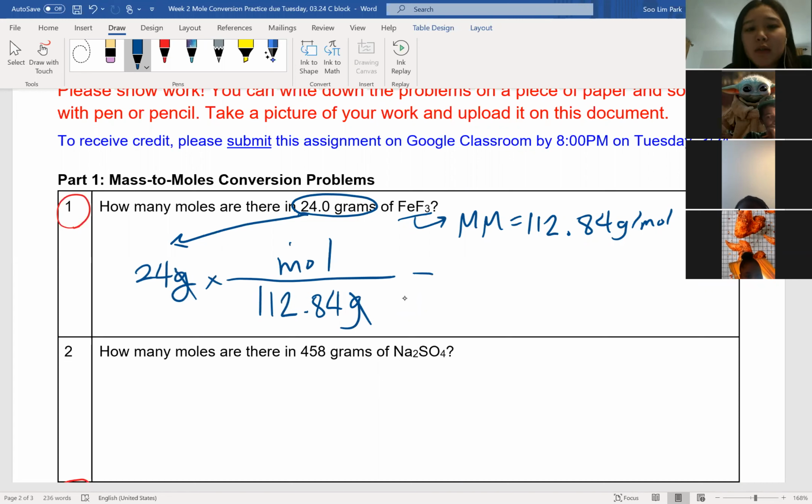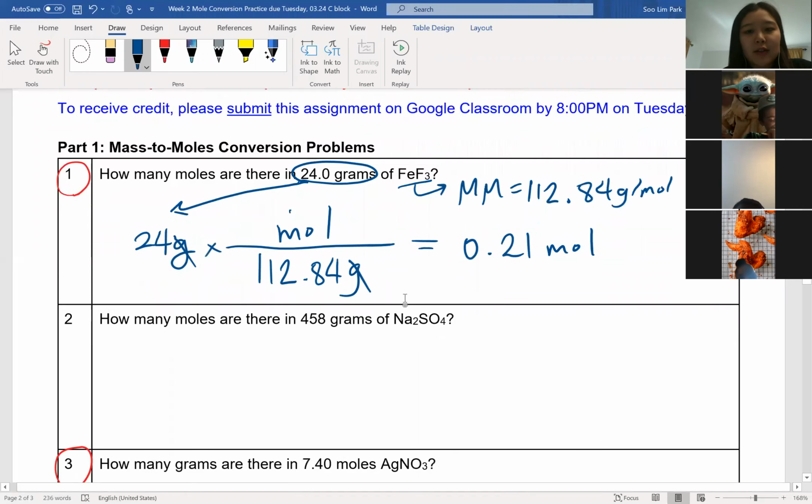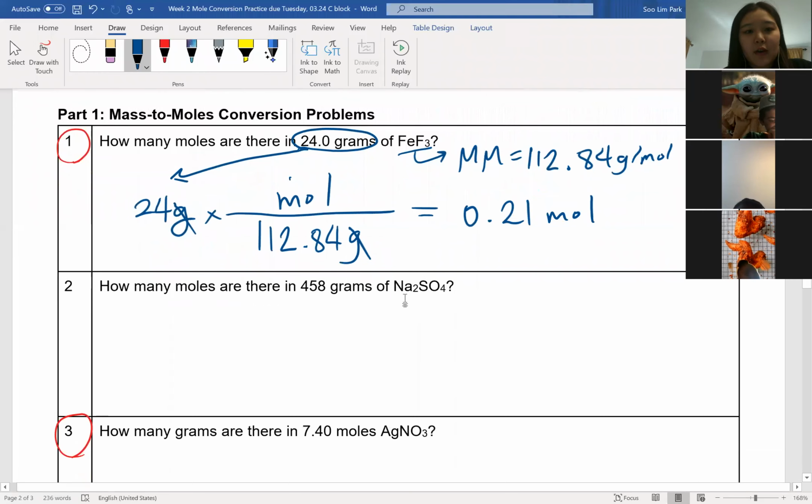So this becomes a division problem. So I'm gonna plug it into my calculator. 24 divided by 112.84. I got 0.21 moles. All right. Does that look right? Yep. All right. Thanks, Vincent, for confirming.